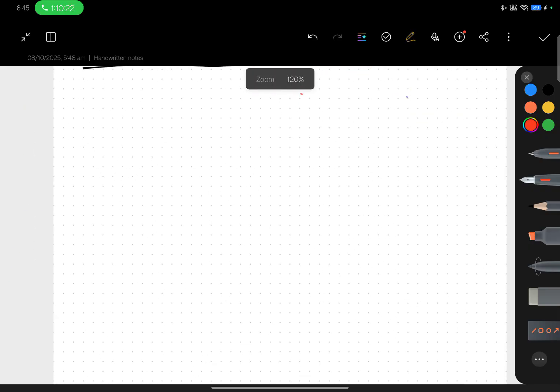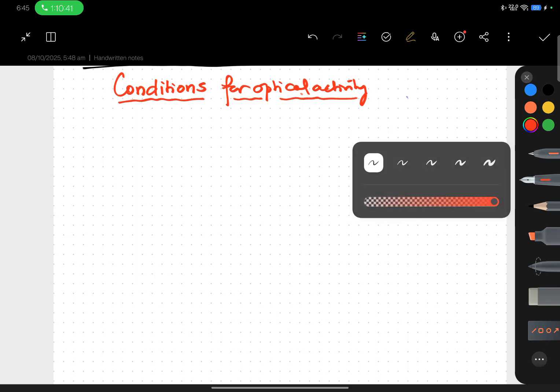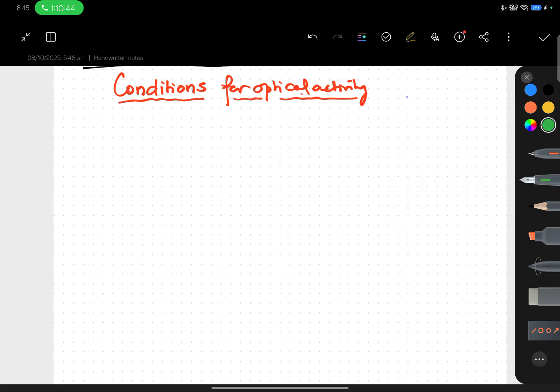So now we are getting into the conditions for optical activity. Number one condition, asymmetric carbon.